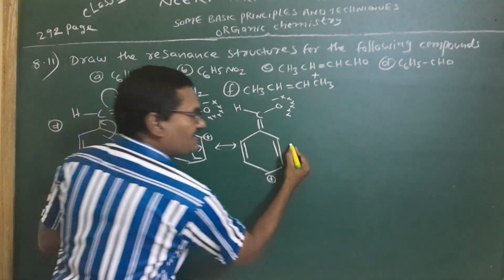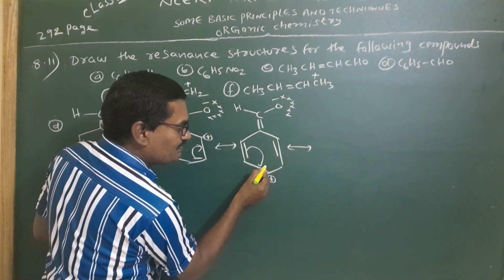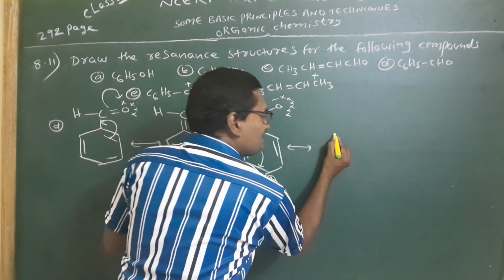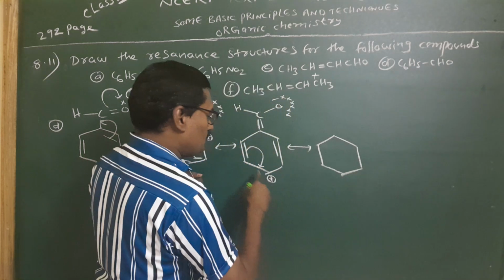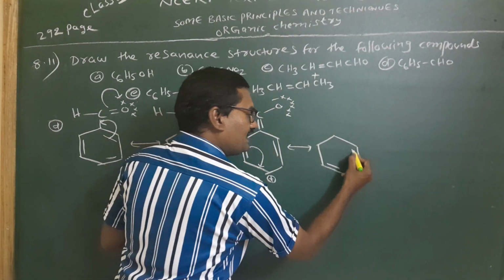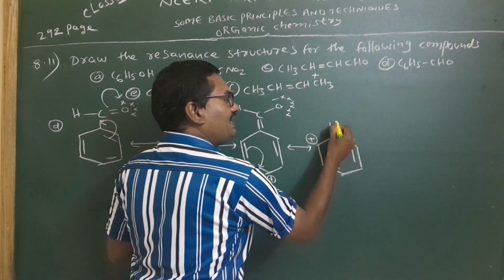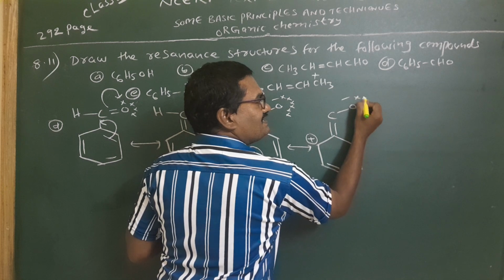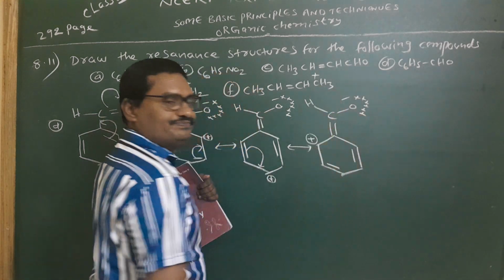So the next resonance structure is, this pi bond shifts into this place. So the structure is, here double bond, here double bond, in this place positive charge. So the remaining double bond C, O minus, 6 electrons, hydrogen.